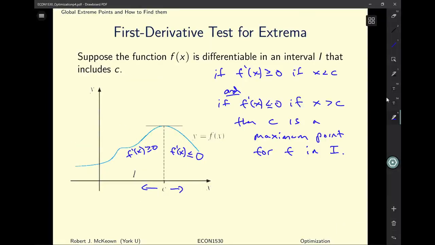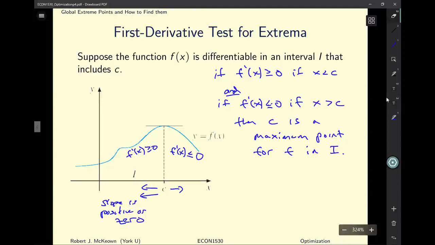Make sure you don't forget the relationship between the derivative and the slope. If we're to the left of c, the slope is positive or 0. It looks like it's 0 right there. That's okay. The function is still increasing.